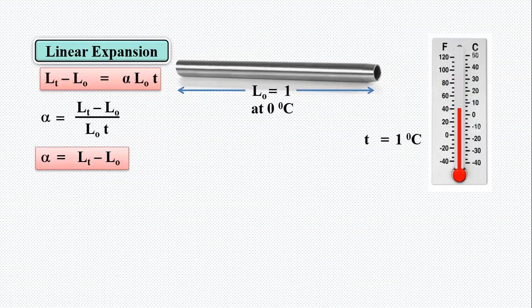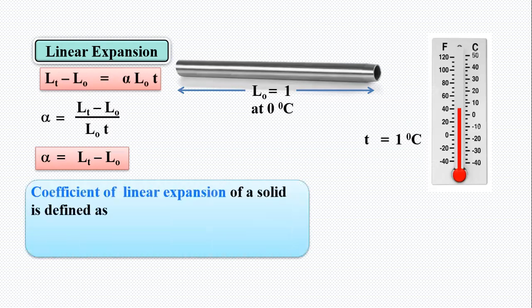So LT minus L0 divided by L0, it is 1, and temperature increase also 1 degree Celsius. So alpha is equal to LT minus L0 when the original length is unit, that is 1, and the increase in temperature also unit, that is 1. So we can define what is the coefficient of linear expansion of a solid.